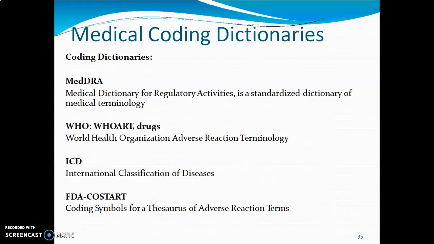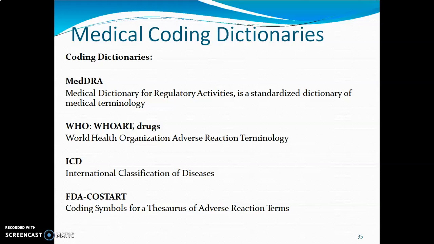Now different coding dictionaries are available. An example is MedDRA, called the Medical Dictionary for Regulatory Activities. It's a standardized dictionary of medical terminologies. Other than that, we have WHO ART, the World Health Organization Adverse Reaction Terminology.